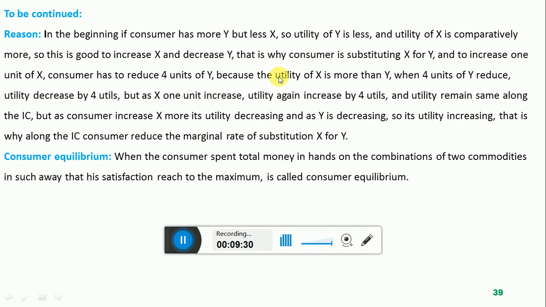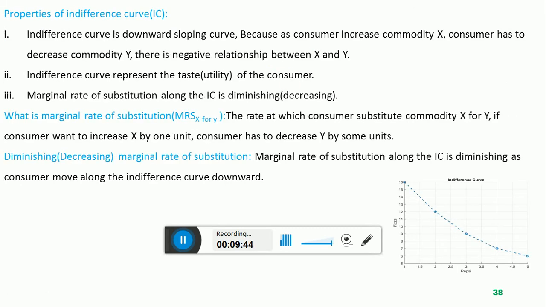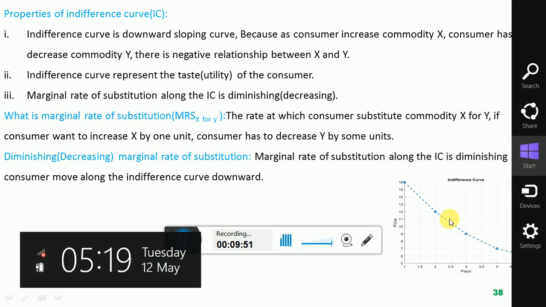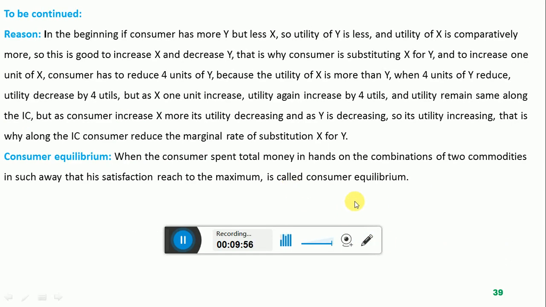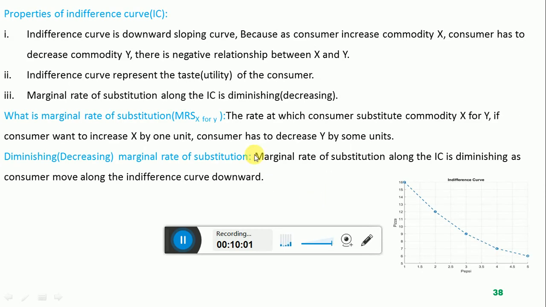That is why, to avoid the situation that Y is less and X is more, the football player is reducing the rate of substitution along the indifference curve, and that is why the indifference curve is getting convex to the origin, and the graph is like this, convex to the origin. That is the reason: diminishing marginal rate of substitution is the reason the graph is convex to the origin.